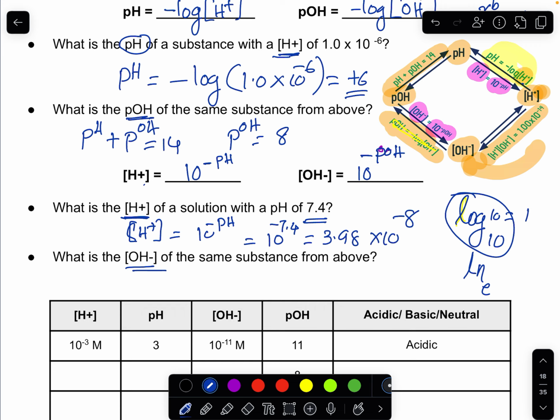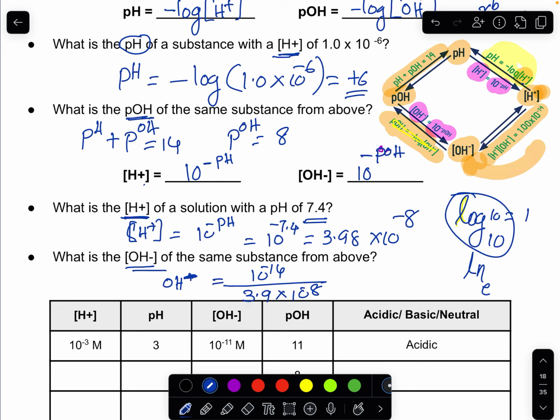Okay, now we need to find the OH minus. We are using the first equation. If you have H plus, OH minus is equal to what? You are dividing 10 to the power of negative 14 by this number.